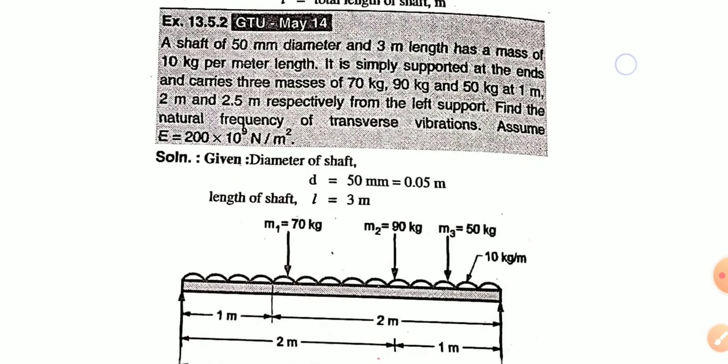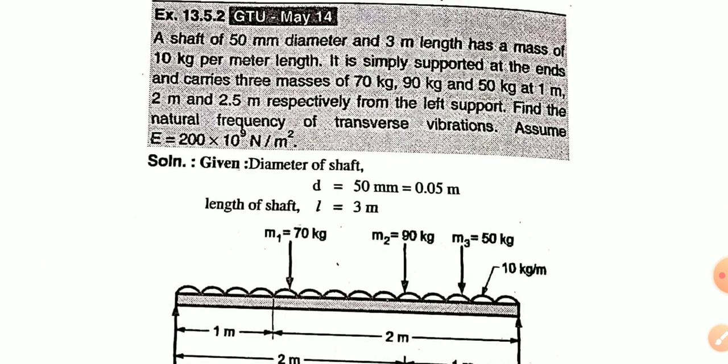Now let us discuss one example. A shaft of 50 diameter and 3 meter length has a mass of 10 kg per meter length, and it is simply supported at the ends carrying three masses m1, m2, m3 at distances of 1 meter, 2 meter and 2.5 meter from the left support.